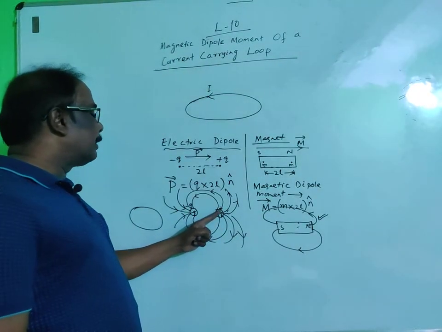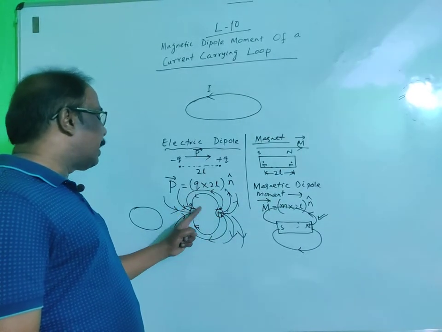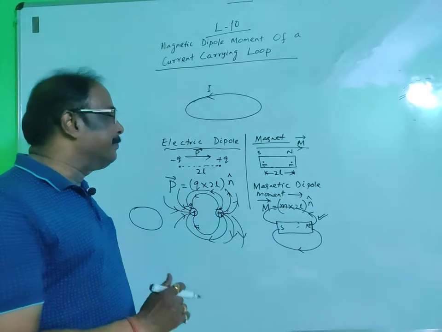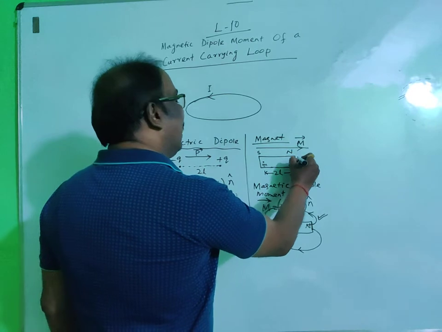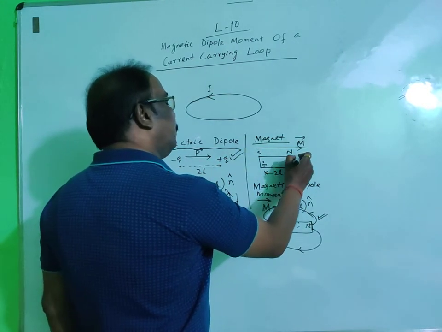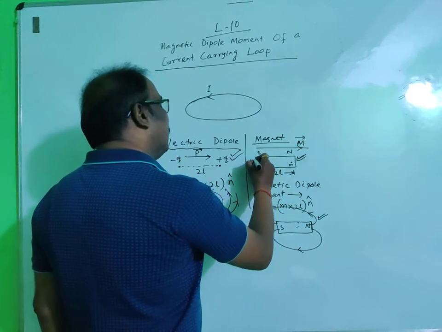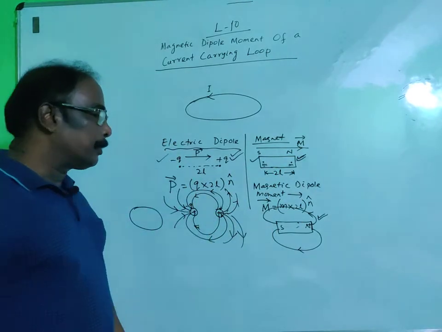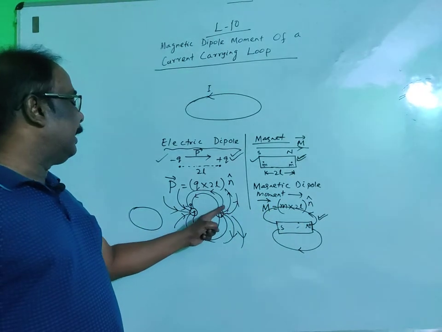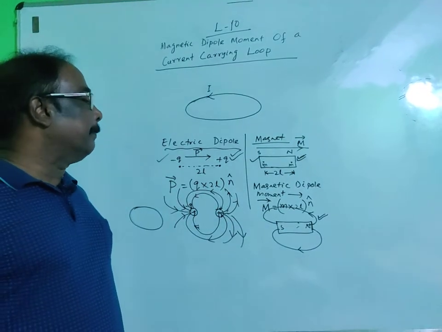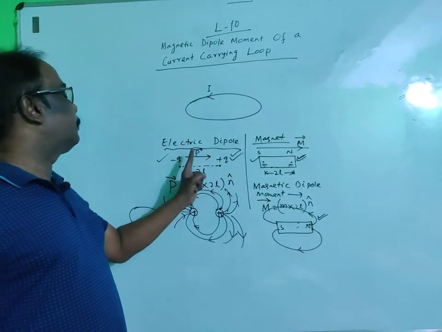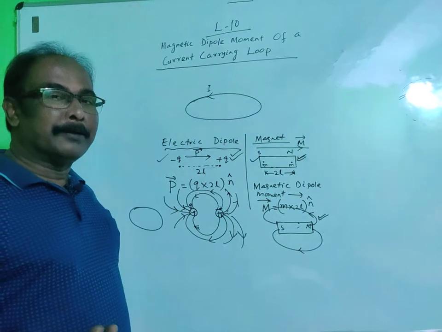Similarly, in electrostatics, electric lines of force start from positive and move towards negative. So, you may compare the north pole with positive charge and the south pole with negative charge.